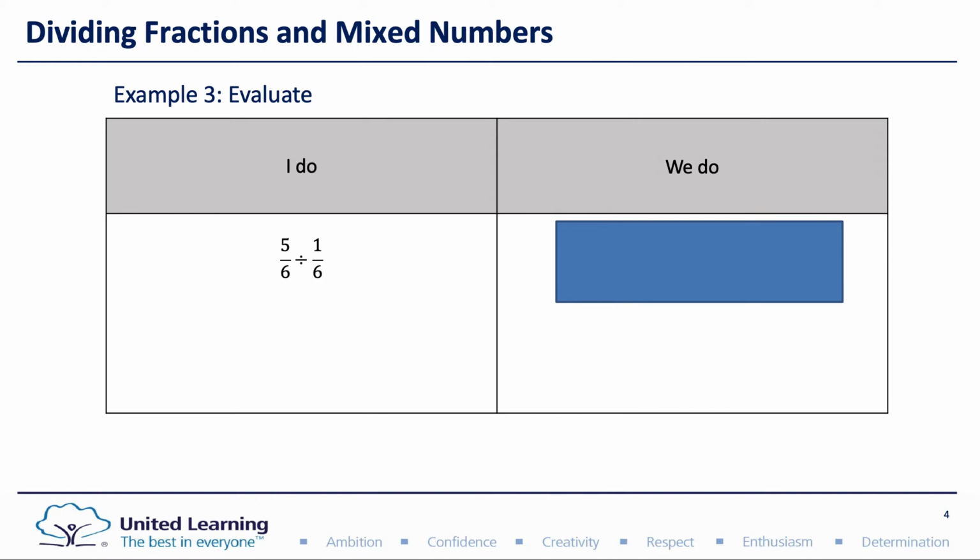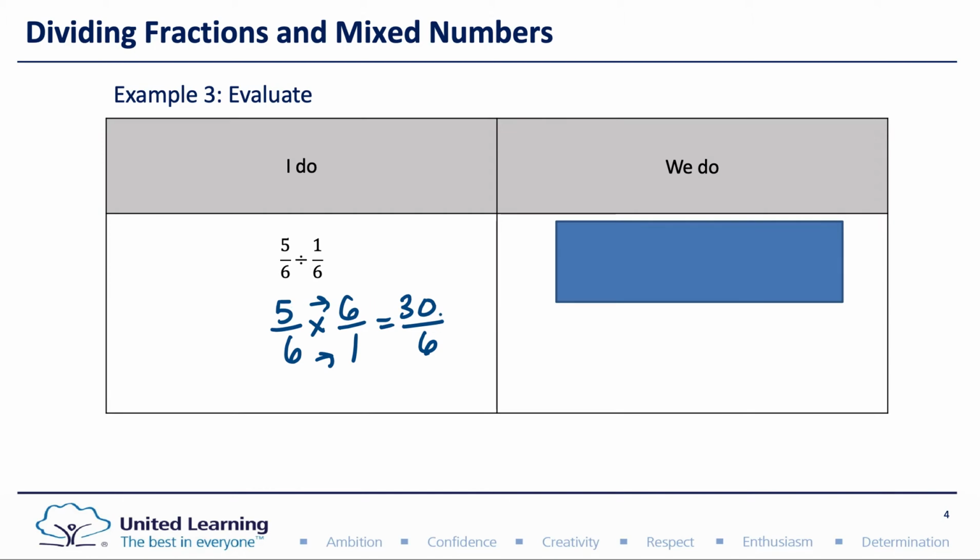Okay, the other one I want to show you is this one. So again, going through the procedure, you would keep the same and multiply by the reciprocal. I want to show you what happens to this answer. This is actually quite interesting. When you multiply across, you end up getting 30 over 6.